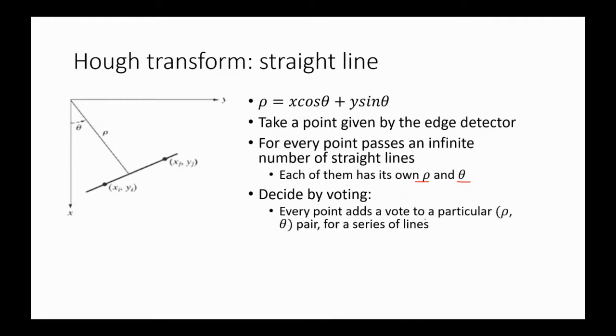Every point adds a vote to a particular ρ and theta pair for a series of lines. Then every line gets votes.